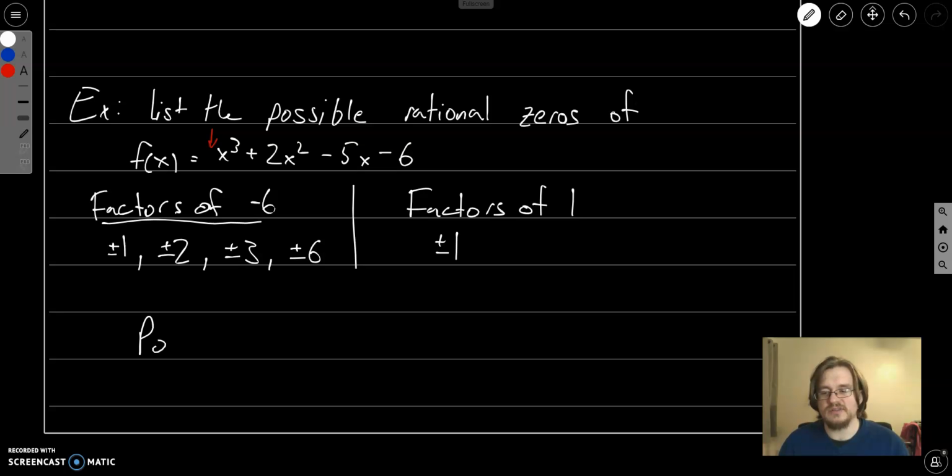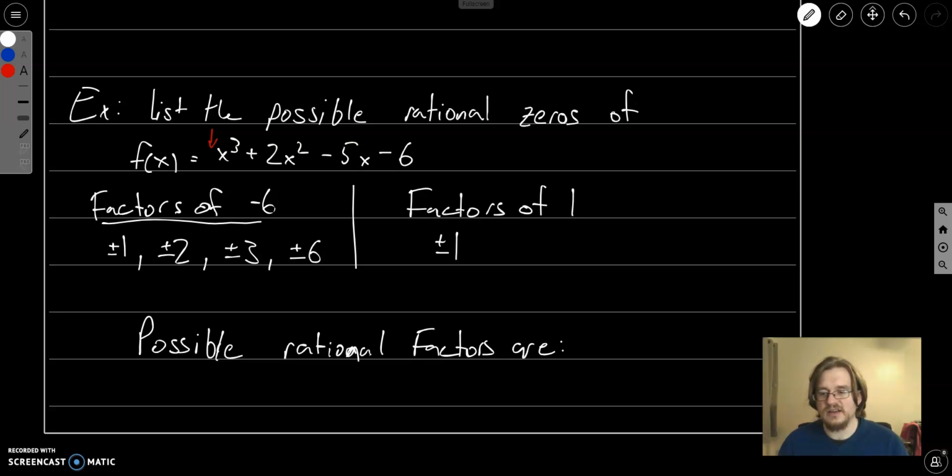So the possible rational zeros are, we're going to take all of the factors that divide the 6, and we're going to divide them by all the factors that divide 1.